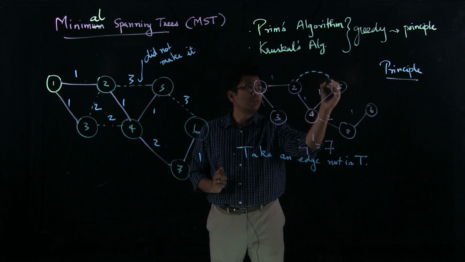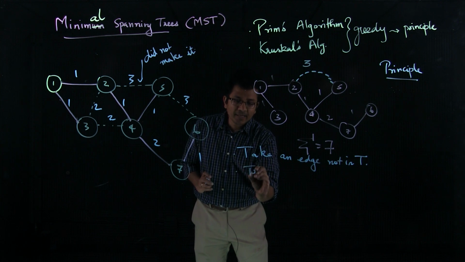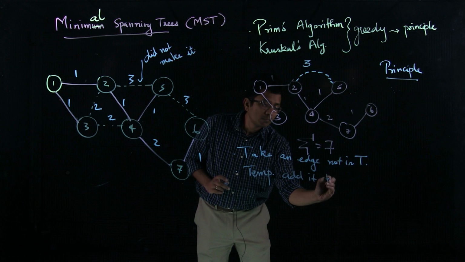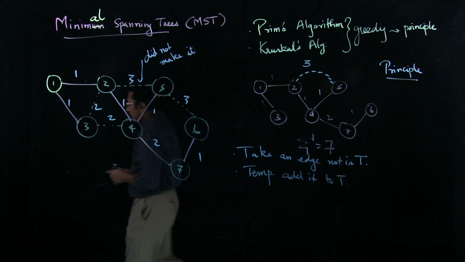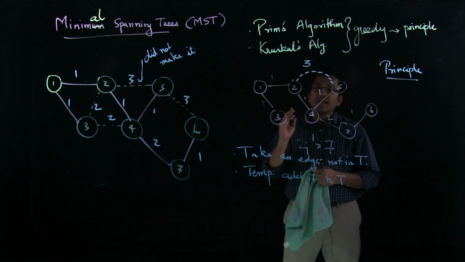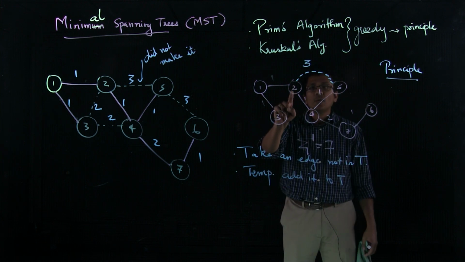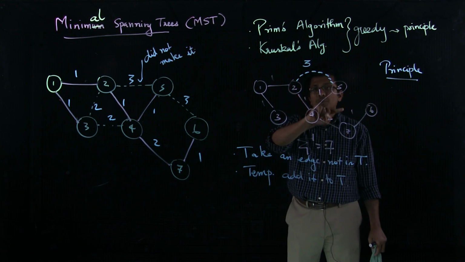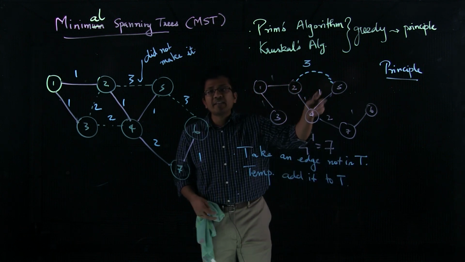Its weight is 3. Temporarily add it to the tree. So suppose I added 2 to 5 to the tree, it's no longer a tree, right? The reason is it now has a cycle. What's that cycle? The cycle is 2, 4, 5 and then the extra edge 2 to 5. In fact, it's going to have exactly one cycle.